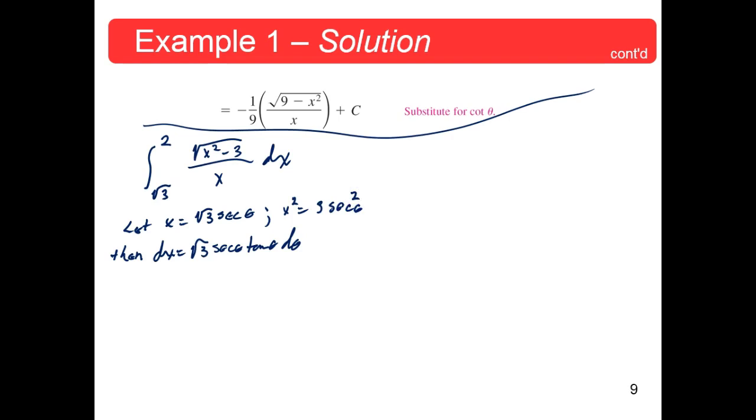Then subtract 3 from it. And that will be 3 times secant squared theta minus 1, which is exactly 3 tangent squared theta.